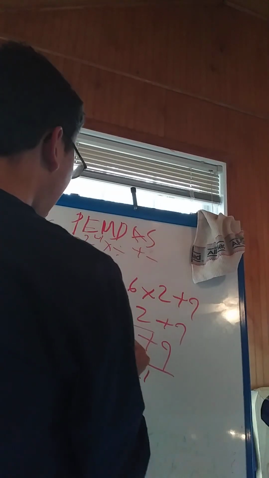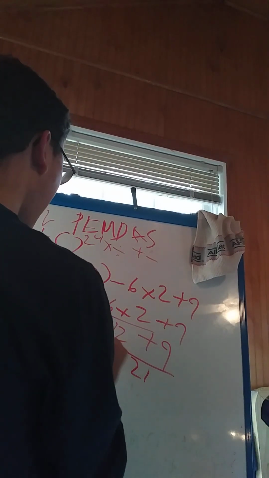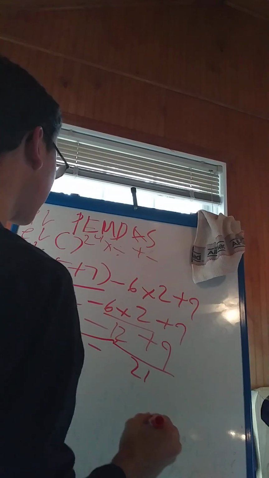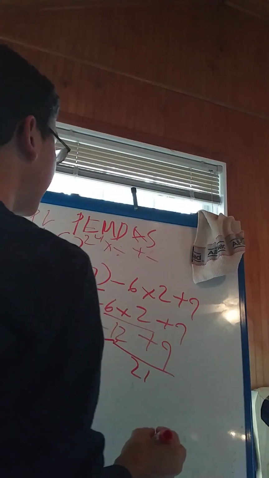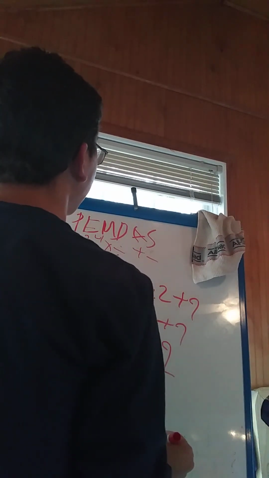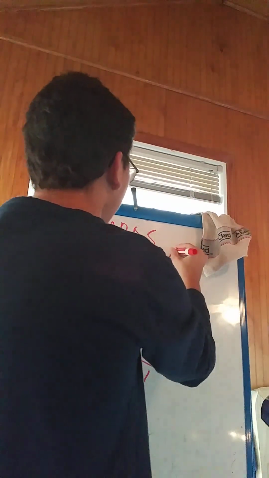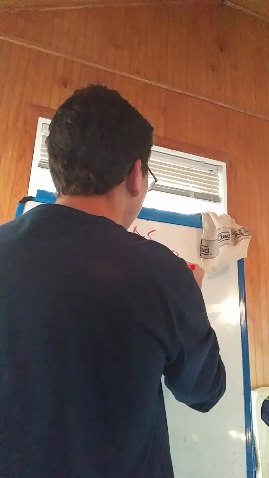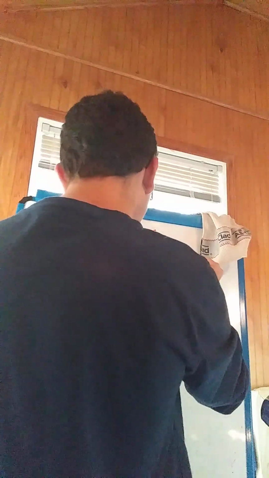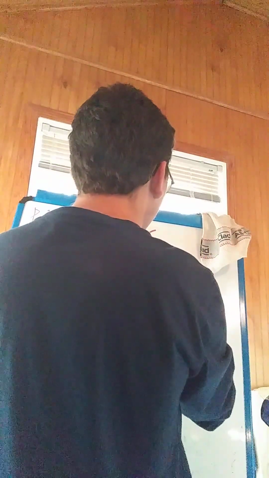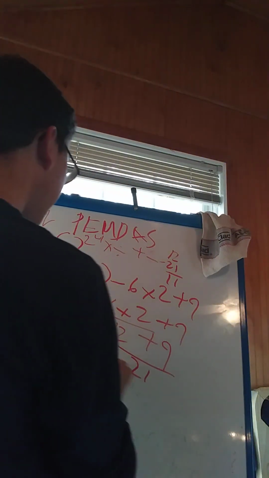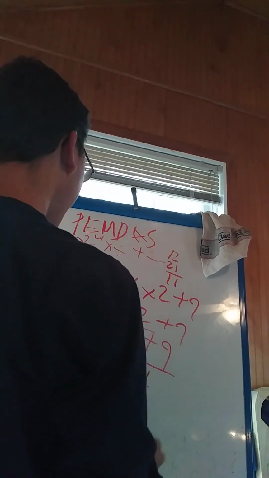And then we drop down minus 12 here. And then 12 minus 21, or that's how we do it. So 12 minus 21, answer would be 11.